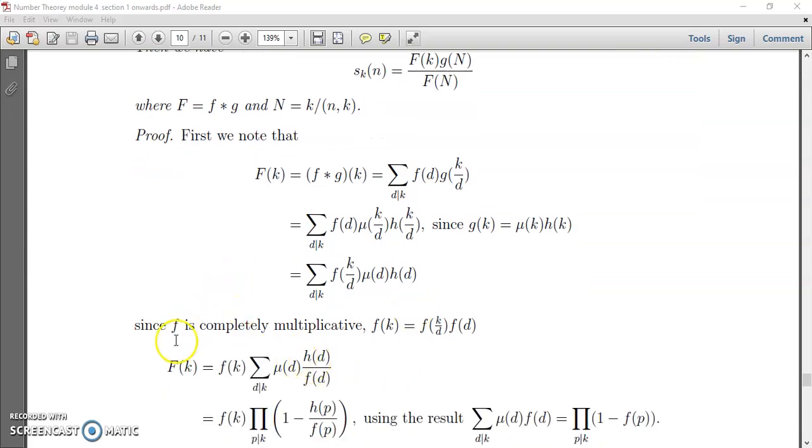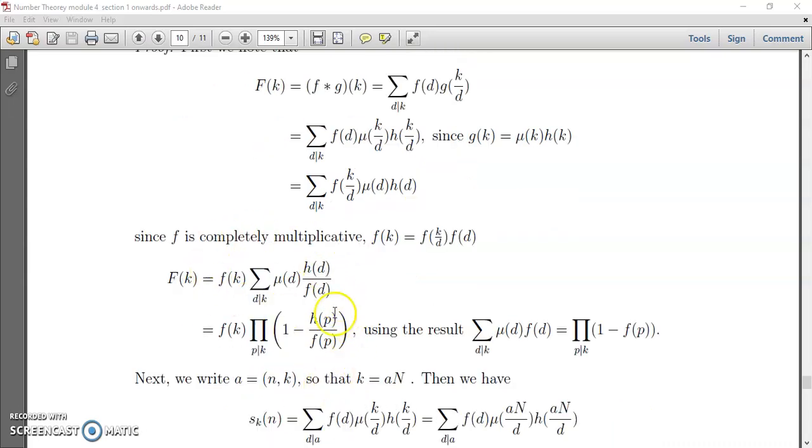Now since f is completely multiplicative, f(k/d) times f(d) is f(k), so f(k/d) can be replaced by f(k)/f(d). If we replace this, we get F(k) = f(k) Σ_{d | k} μ(d) h(d)/f(d). Now this we have studied earlier.